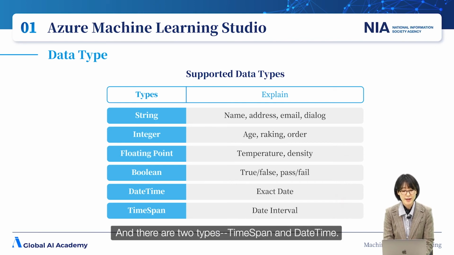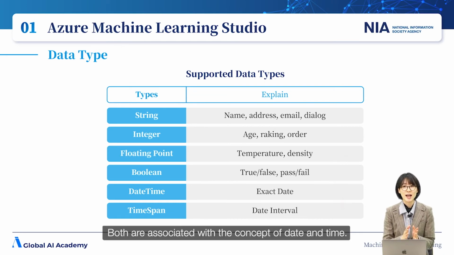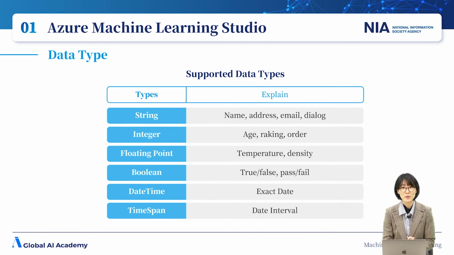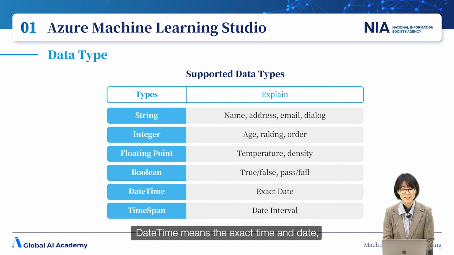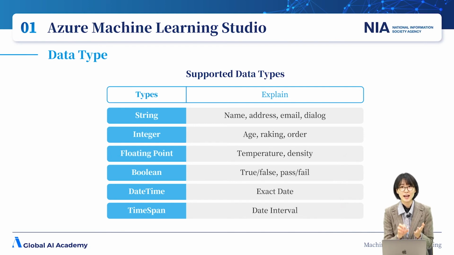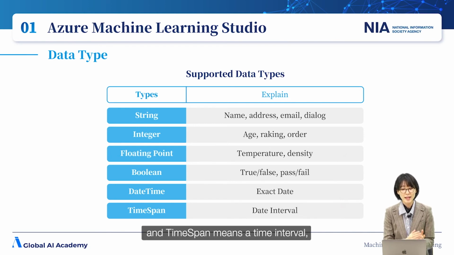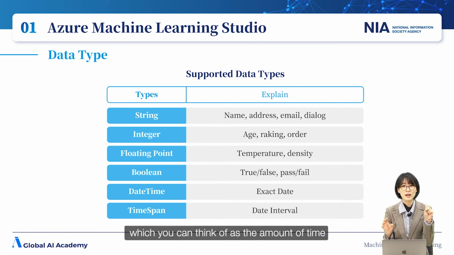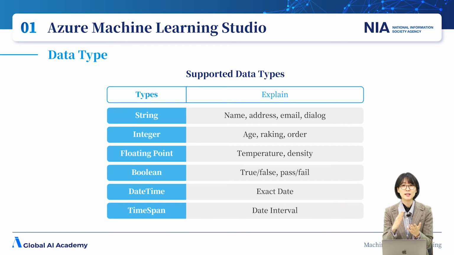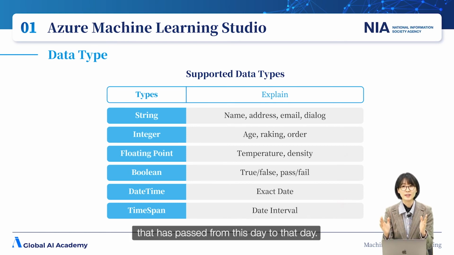And there are two types: time span and date time. Both are associated with the concept of date and time. Date time means the exact time and date. And time span means a time interval, which we can think of as the amount of time that has passed from this day to that day.